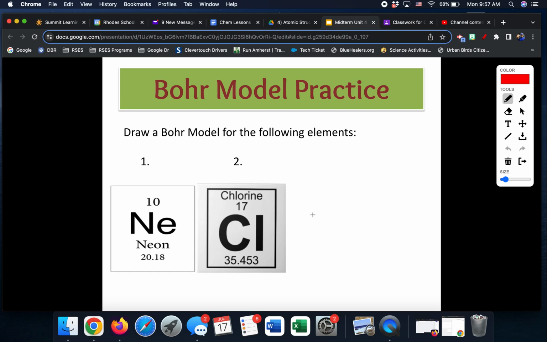All right. So for chlorine, the Bohr model, first step, draw a circle, write that atomic number in it, and put a P next to it for protons. Then we have to put 17 dots around it for electrons, but we can only put 2 on that first level. So I draw another level. We could put 8 there, so I'm going to put 8 there.